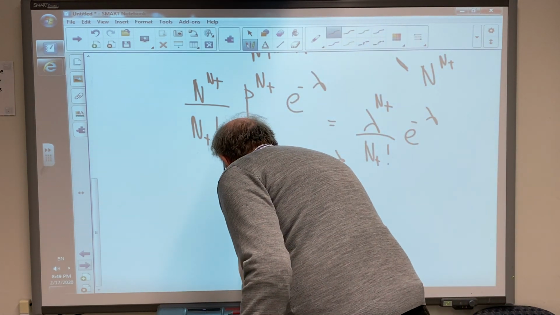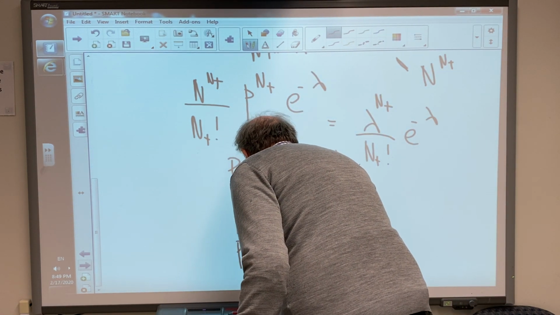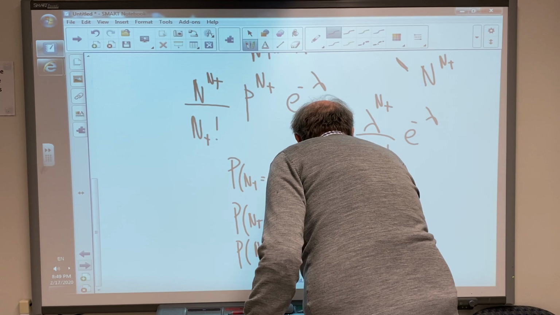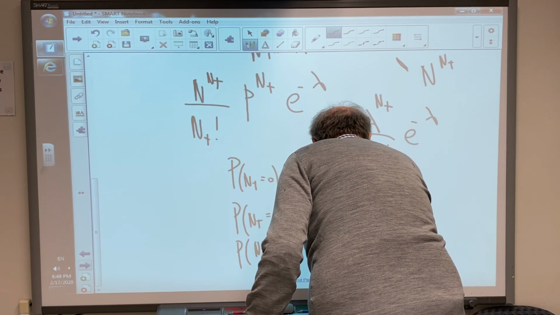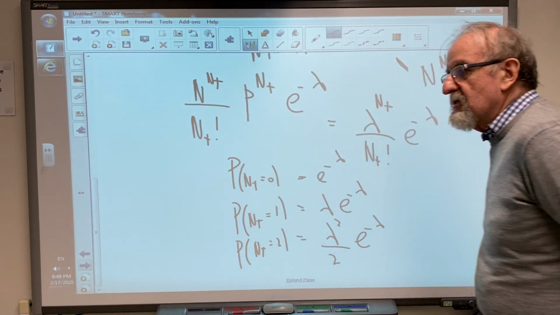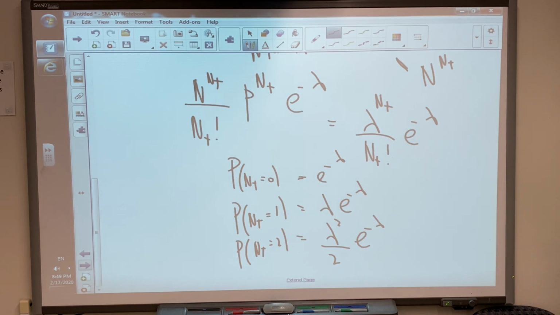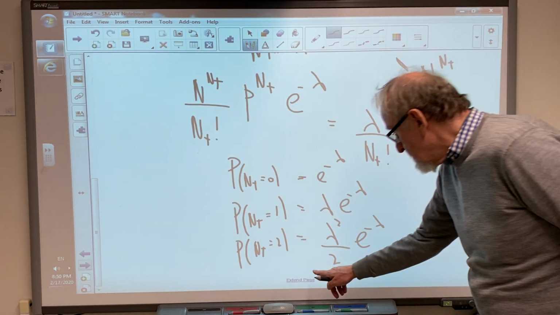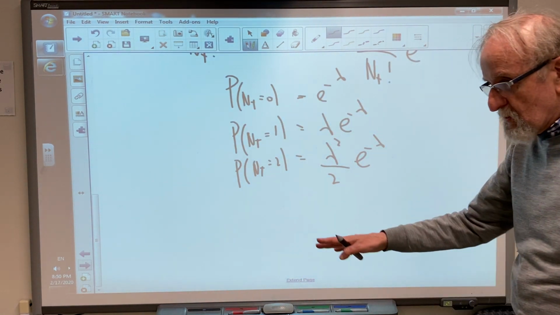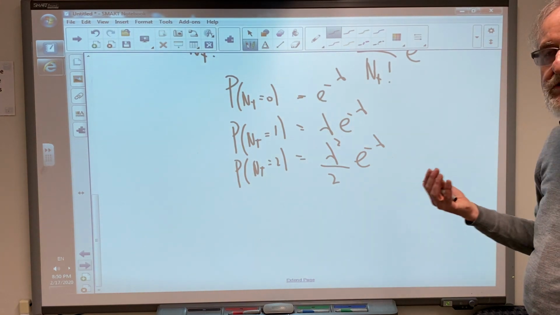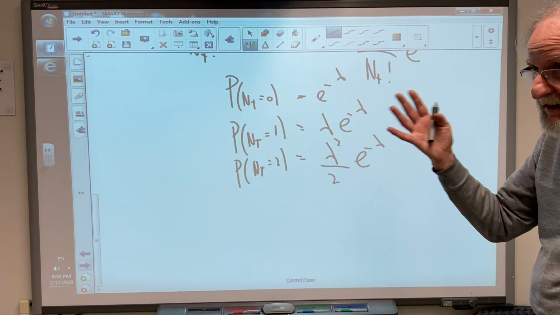The probability of n plus being 2 is lambda squared over 2 times e to the minus lambda, and so on and so forth. I am approximating the actual binomial by these numbers. And you can convince yourselves that this is a perfectly well-defined distribution, because you always have to convince me, when you do an approximation, that if you sum over all values of n plus, you still get the number 1.